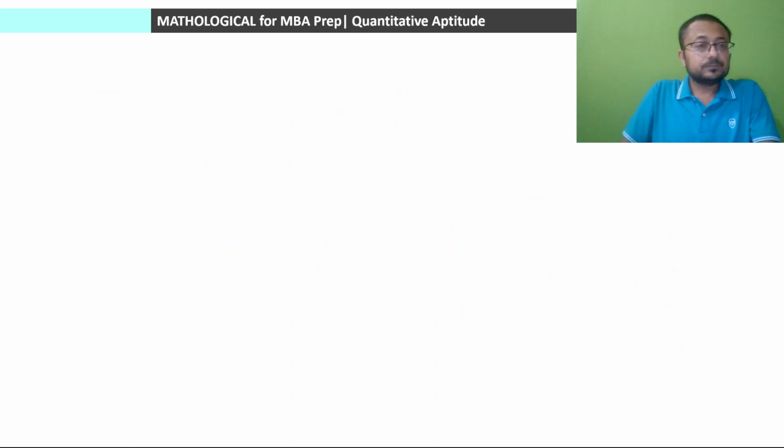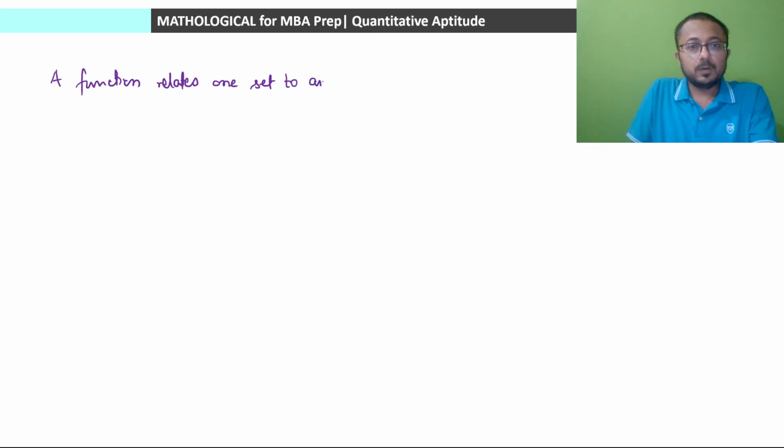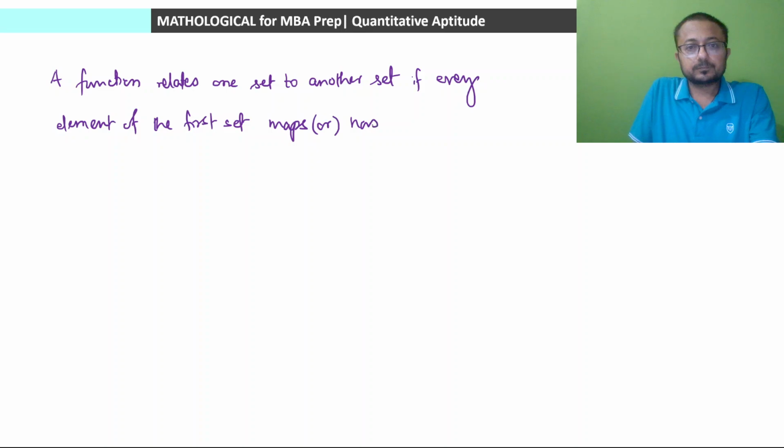ठीक है, so basically a function relates, because a function is a relation, so it relates one set to another set if every element of the first set maps, or basically has, exactly one image in the second set.